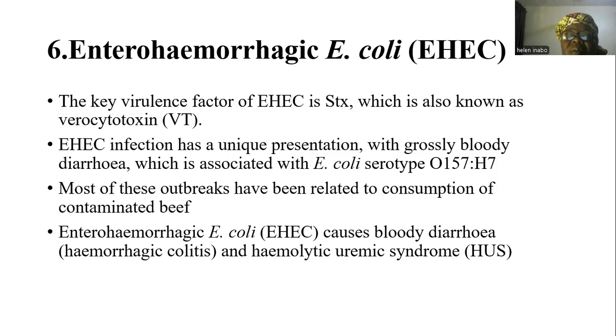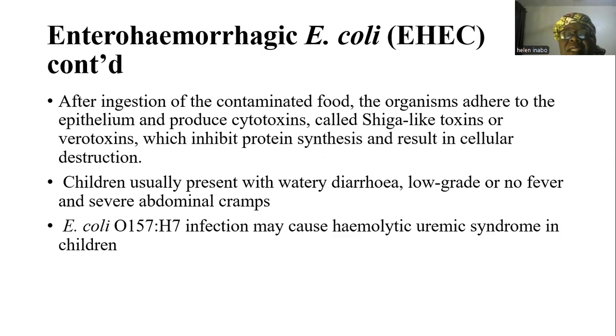Enterohemorrhagic E. coli causes bloody diarrhea, which is also known as hemorrhagic colitis, and hemolytic uremic syndrome, HUS. After ingestion of the contaminated food, the organisms adhere to the epithelium and produce cytotoxins called Shiga-like toxins or verotoxins, which inhibit protein synthesis and result in cellular destruction.